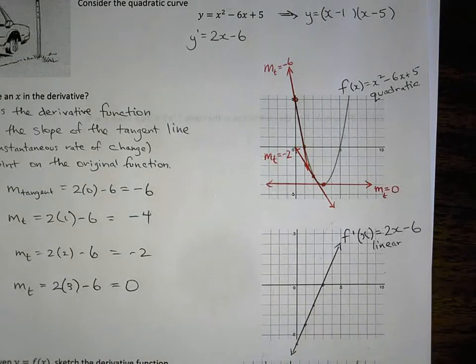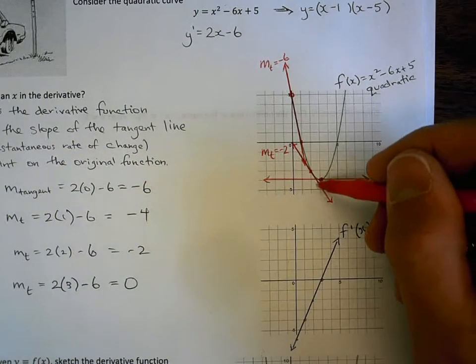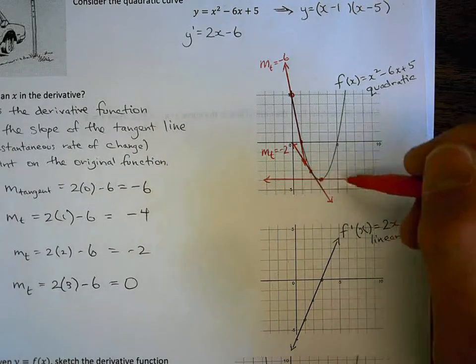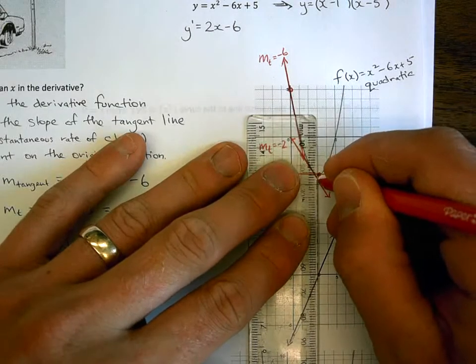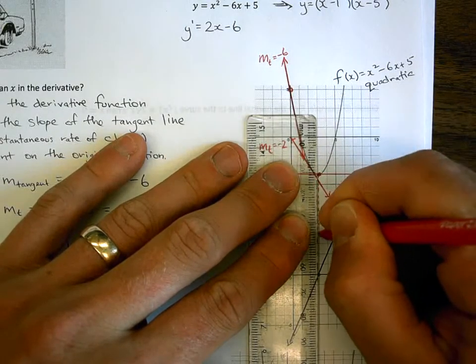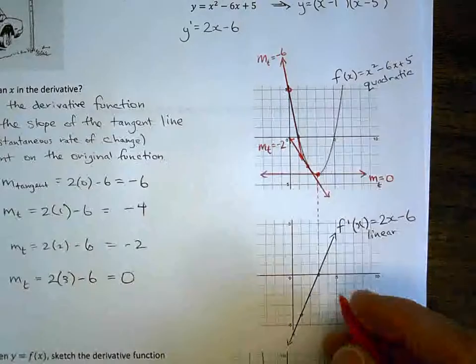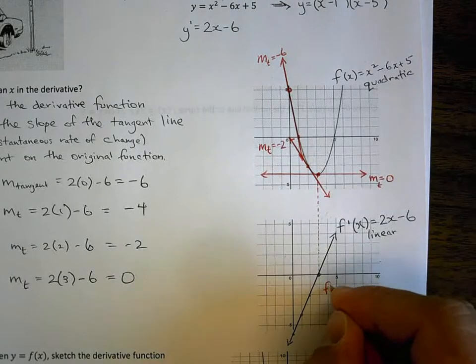For now, I'm just going to introduce the idea that we can find this minimum point by considering that it is the point where the slope is 0. What we're going to find a lot in grade 12 is that, hey, if you want to know the minimum point of a function or the maximum point, just look at its derivative function. Find the point where the derivative is equal to 0.